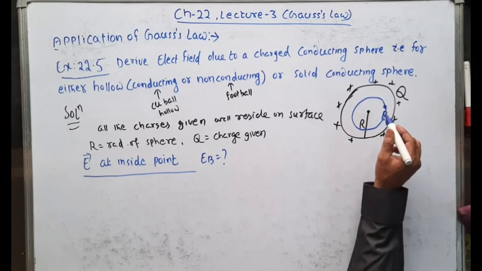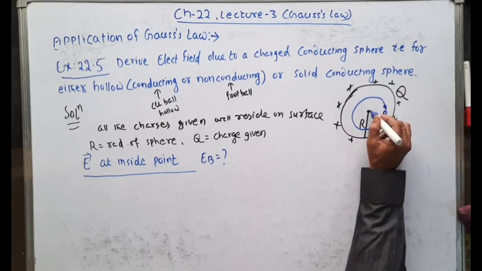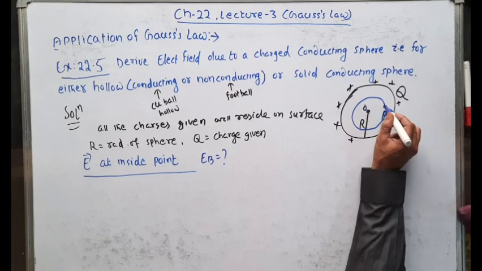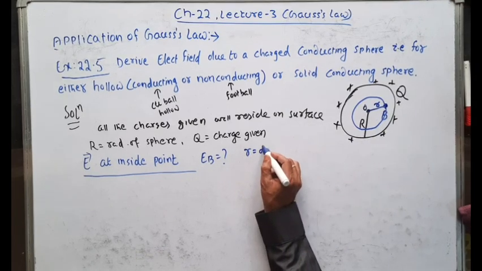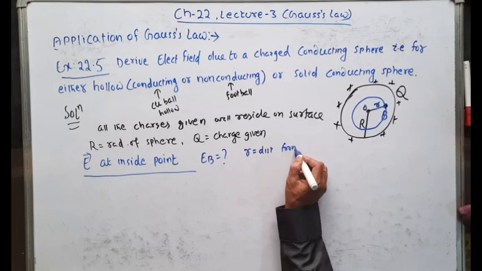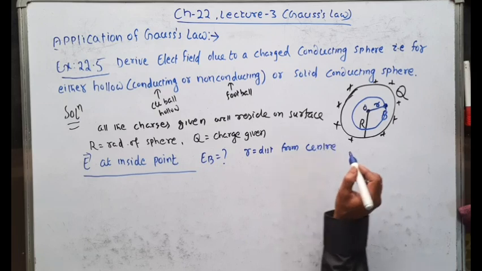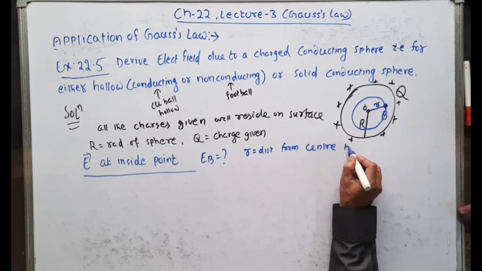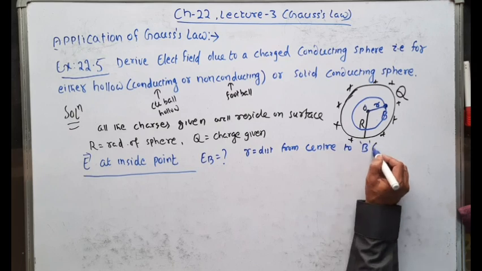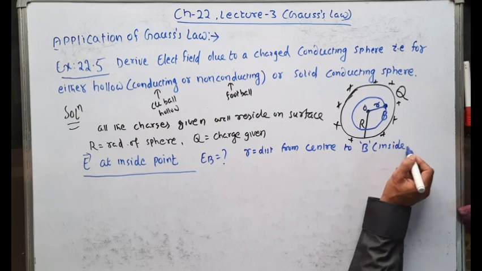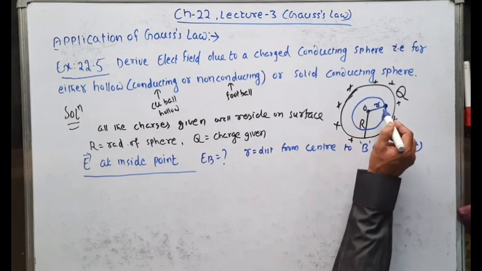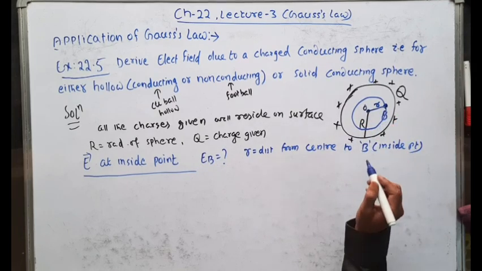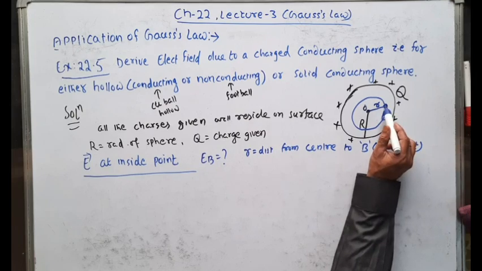From the center, the internal point B is at a small r distance. So we imagine a Gaussian sphere passing through point B, and we will find the electric field intensity at B.